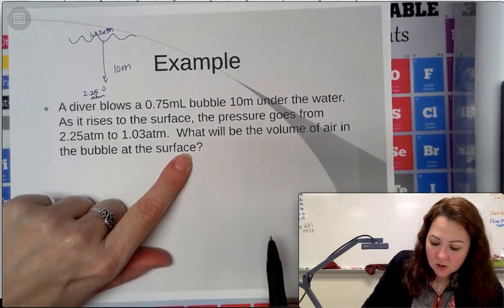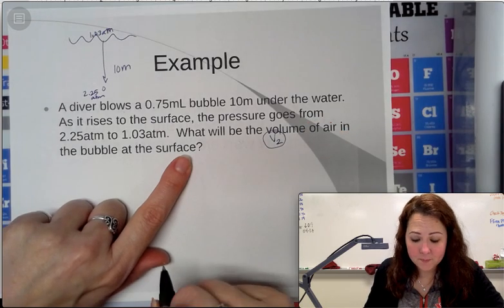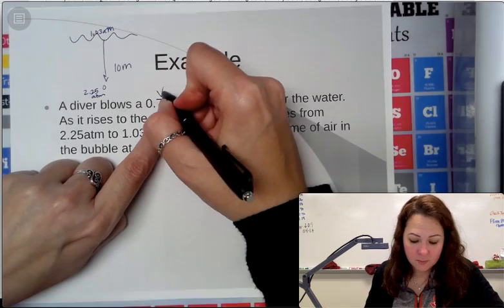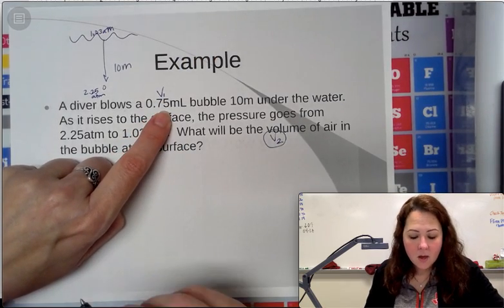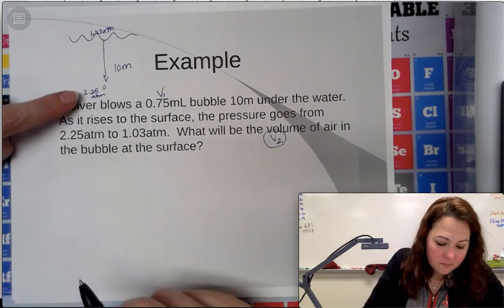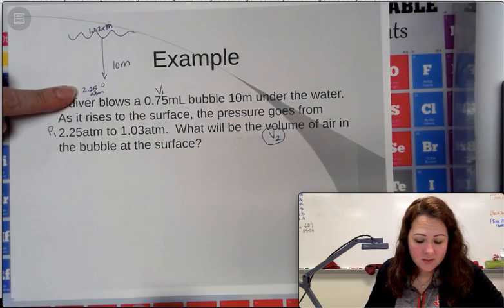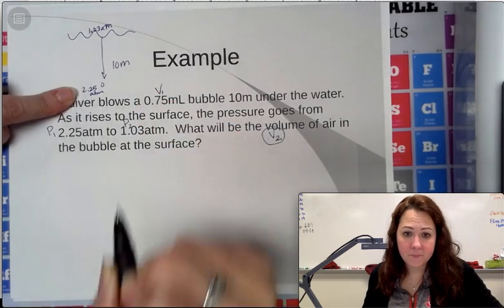So I am solving for the new volume, which is V2. My initial volume is right here, what the bubble's starting at, which is 0.75 milliliters. With my pressure, I know that I'm starting at 2.25, so there's my first pressure, and that's changing to 1.03, so that's my new pressure.